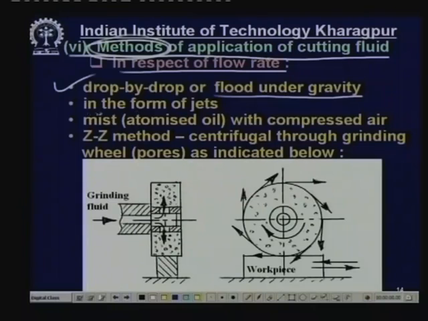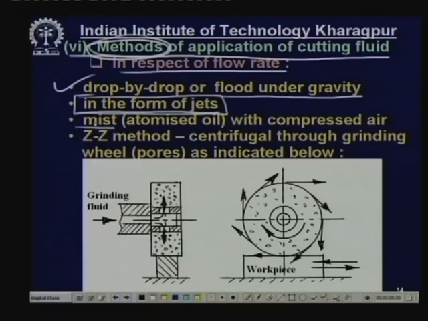So, a lot of a stream of cutting fluid will be flooding profusely the cutting zone and take away heat and lubricate. Now, sometimes we use it in the form of jets, so that the cutting fluid is enabled to go close to the chip tool interface or work tool interface by slightly lifting or shifting the chip. This makes the cutting fluid action very effective in the form of a jet, but the consumption is high and here it is a little expensive.